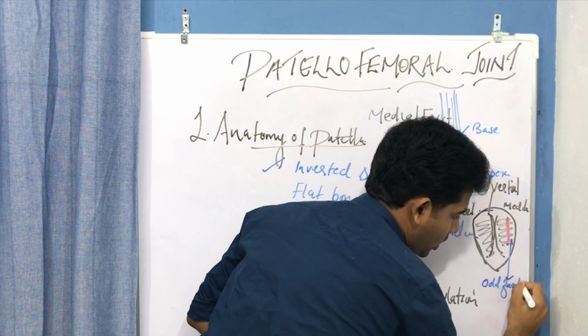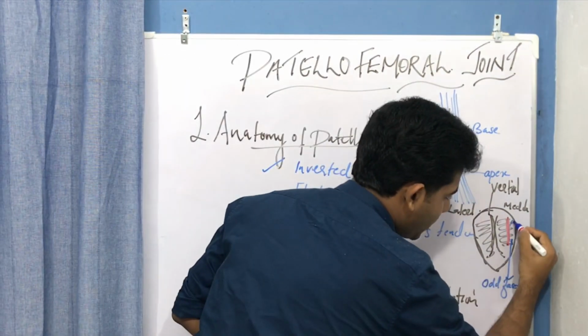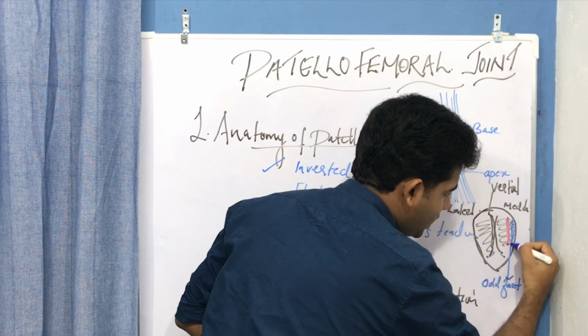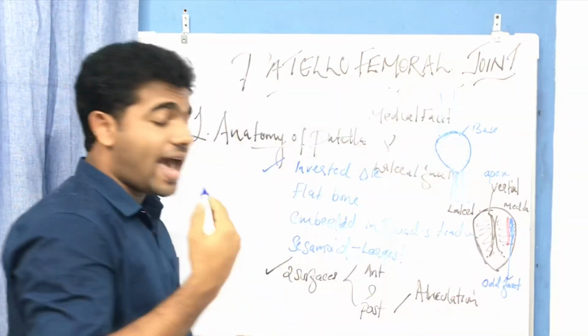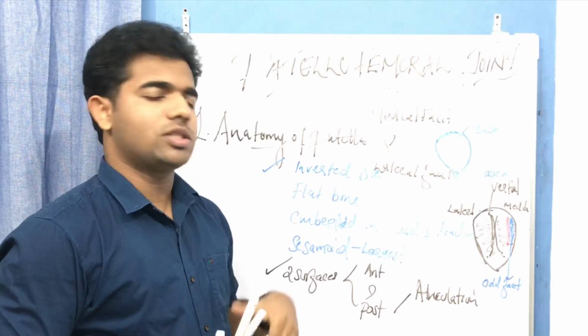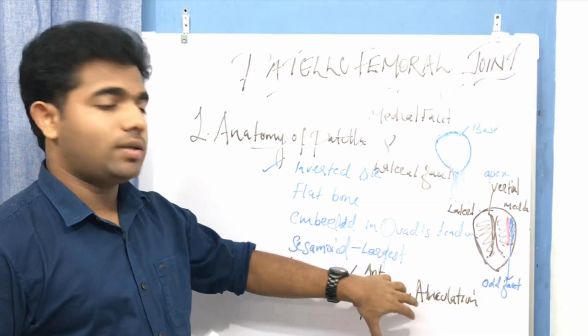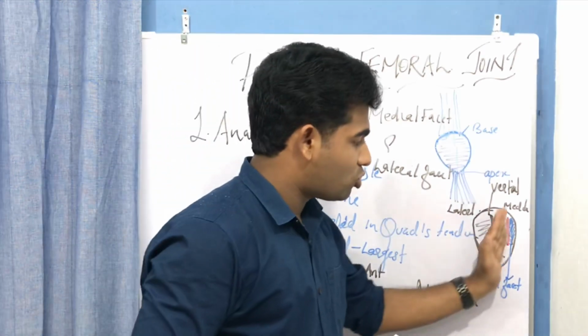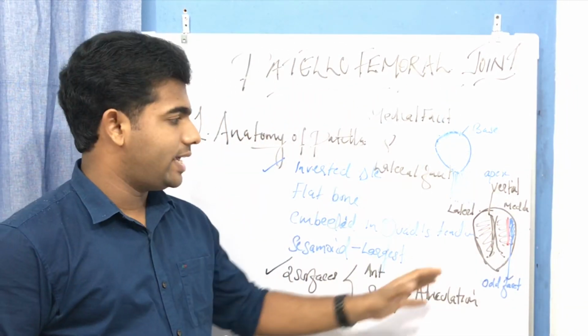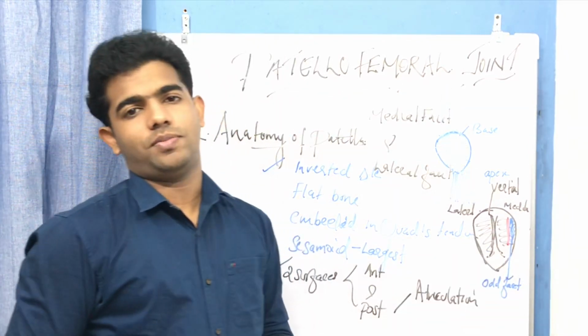That is, the medial facet is again divided by another vertical ridge in few individuals, or of course in most of the individuals, and that makes an extremely medial facet, that is the odd facet of the patella, right?